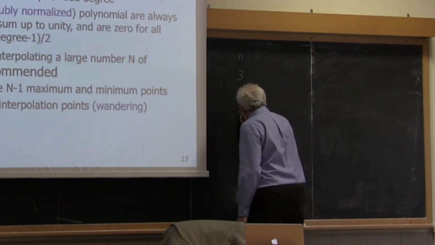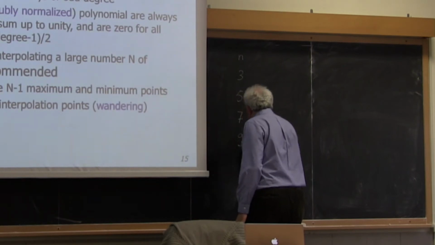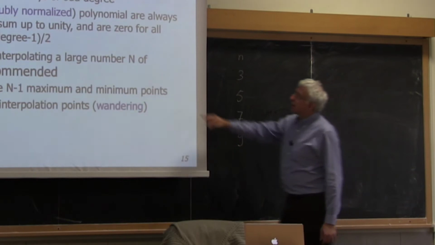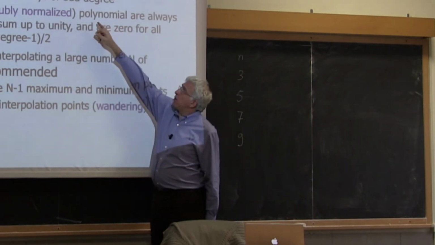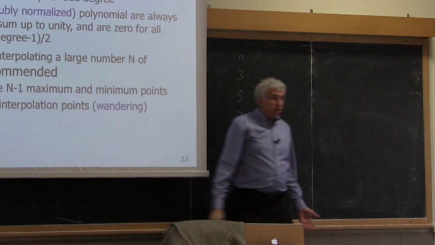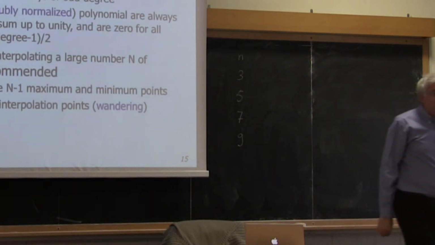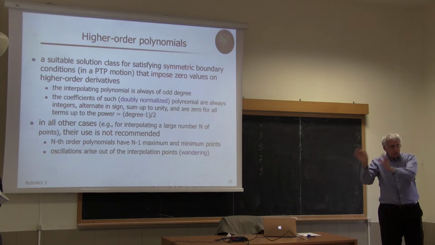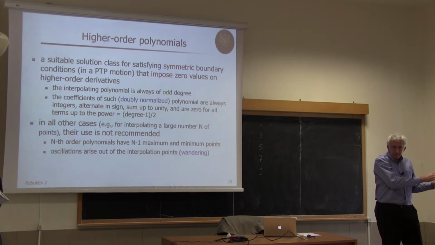Let's put now also a 7, then it will be a 9, and so on. Okay, so you see that, first of all, we are considering only interpolating polynomials of odd degree, not of even degree. Why? Because they have an even number of coefficients, which are divided in 2 to impose conditions at the start and at the end.